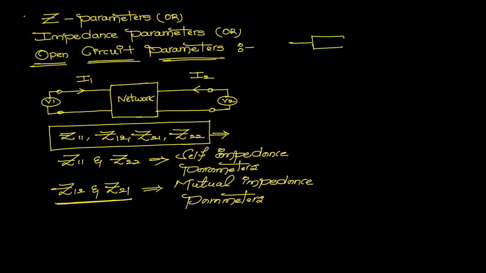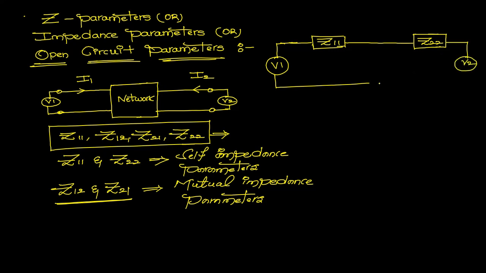Here, this one we call Z11, and this one I name Z22, and here we have the port 1 voltage source, and here the port 2 voltage source. The current from port 1 is I1, the current from port 2 is I2, and between these 2 ports we have another impedance, Z.